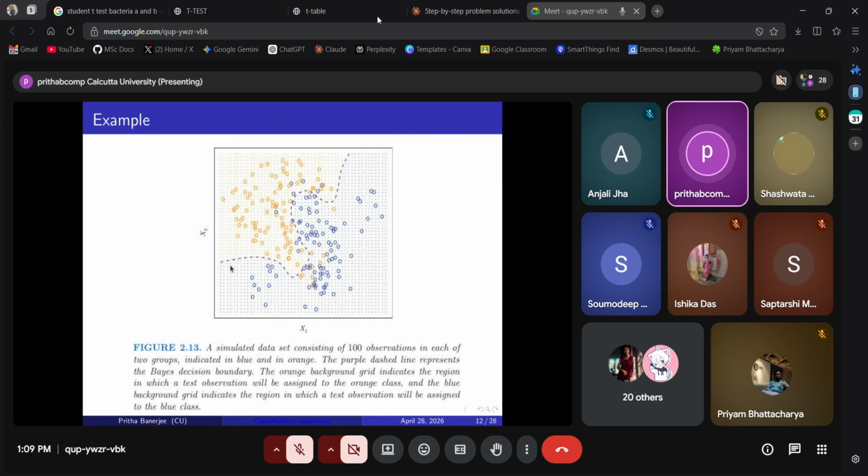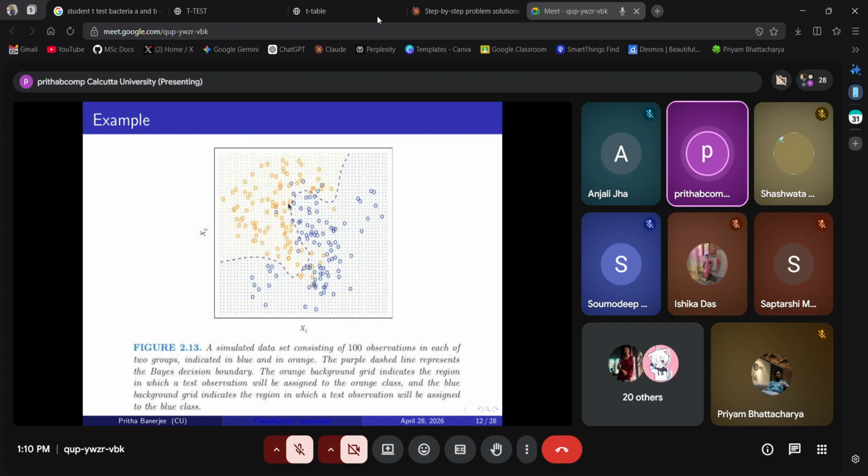This dashed line gives the Bayes decision boundary, where the probability is 50%, 50%. What is to be observed over here is that the boundary is not linear.